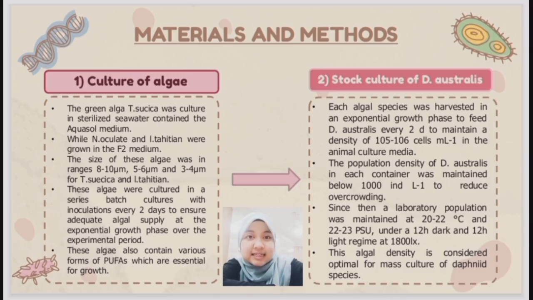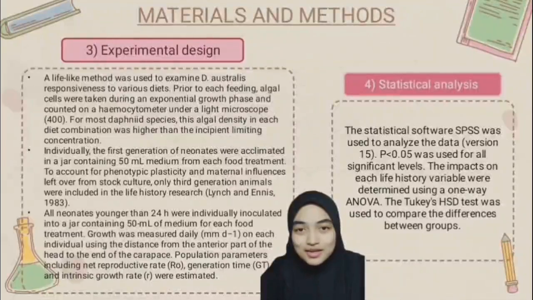This algae density is considered optimal for mass culture of Daphnia species. A live feeding method was used to examine Australis' responsiveness to various diets. Prior to each feeding, algae cells were taken during the exponential growth phase and counted on a hemocytometer under a light microscope. For most Daphnid species, this algal density in each diet combination was higher than the incipient limiting concentration.